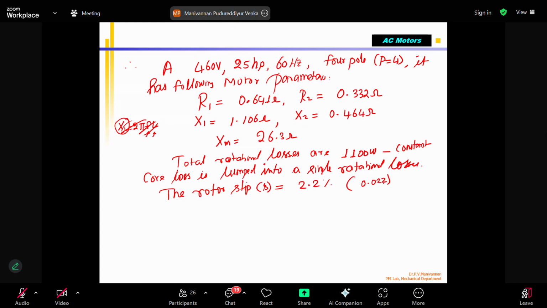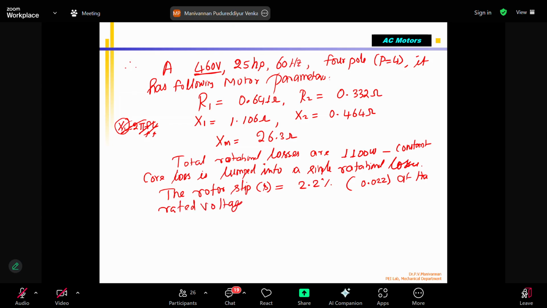It varies from 0 to 1. The absolute value is 0.022; otherwise, percentage is multiplied by 100, given as 2.2%. At the motor rated voltage, they say 460 volts at rated voltage.